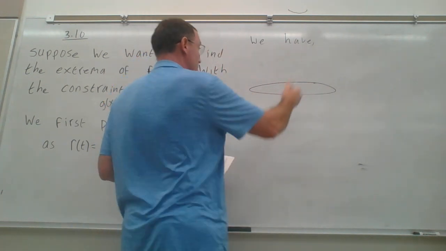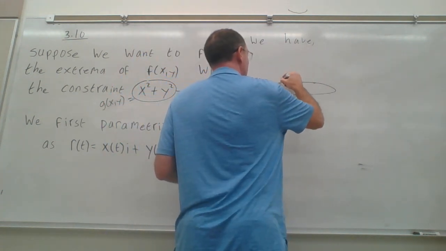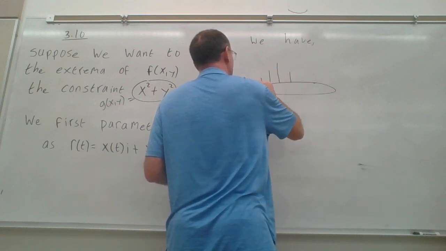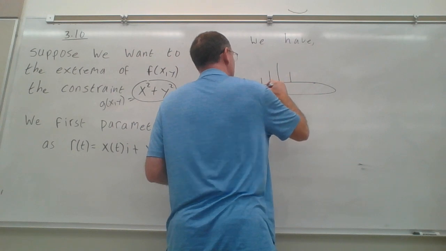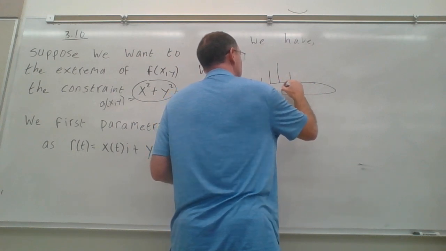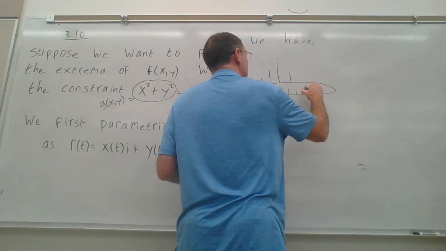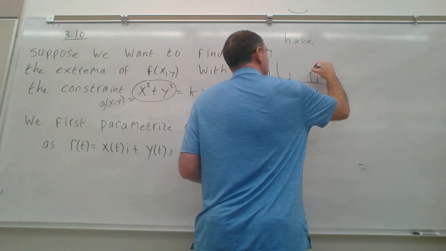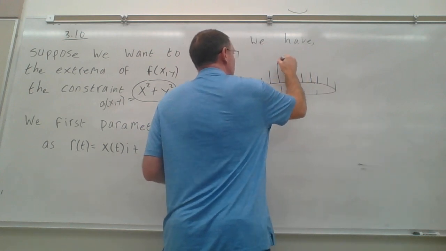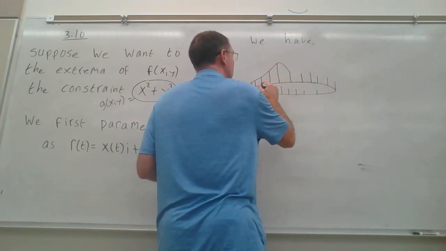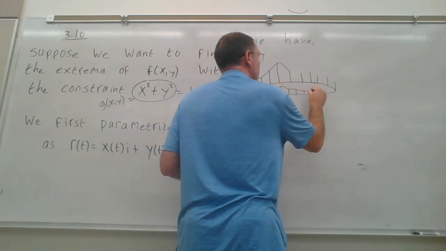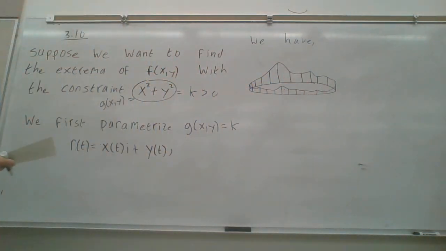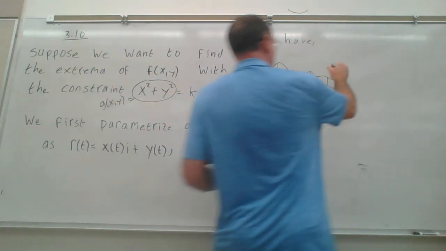And then you have your surface above that, so it might be up to there, maybe down to here, down, down, down, back up on this side, down, down, down, a bit higher, things like that. So it looks like a roller coaster.